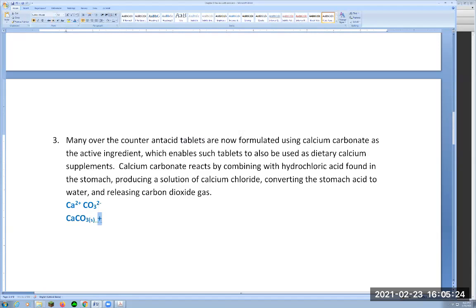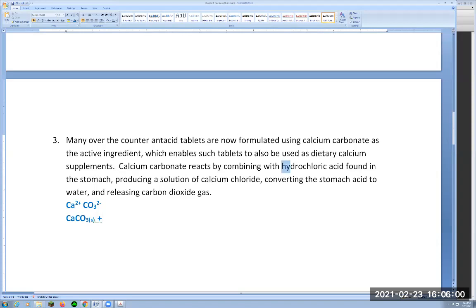Next, you add, because it reacts by combining with hydrochloric acid. So you did not learn how to name hydrochloric acid in chapter 5, even though it's in the chapter, of course, in the textbook. But I kept it for chapter 7 when we go over chemical reactions. And so hydrochloric acid is the way you name an acid that is a monoatomic acid, if you will.